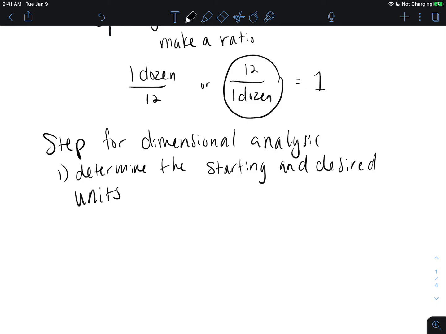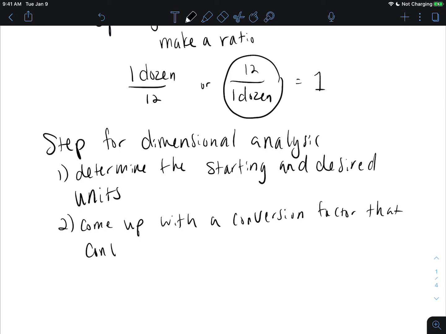And then you're going to come up with a conversion factor that contains both units if we have a simple problem. If we have a more complex dimensional analysis problem, then we're probably going to have to come up with several.